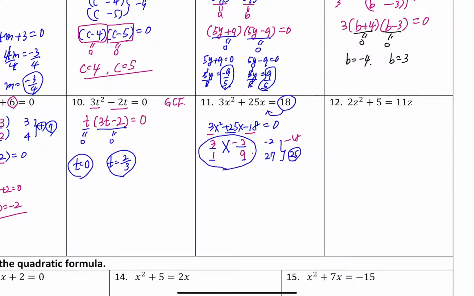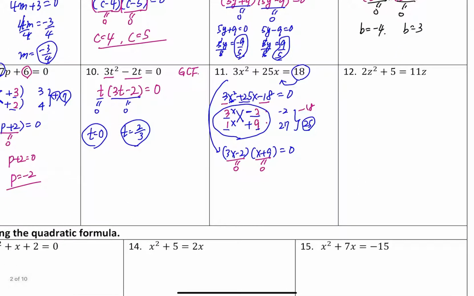There are 2 x's, so you place 1 x here, the other x here. This is negative 2, this is positive 9. So 2 factors that we are looking for are 3x minus 2 and x plus 9 equals 0. Zero property.